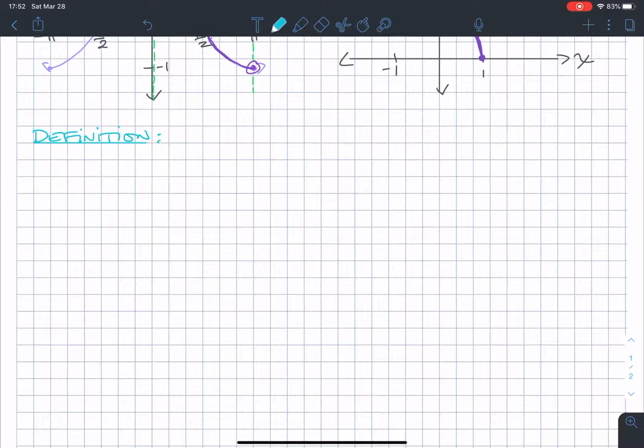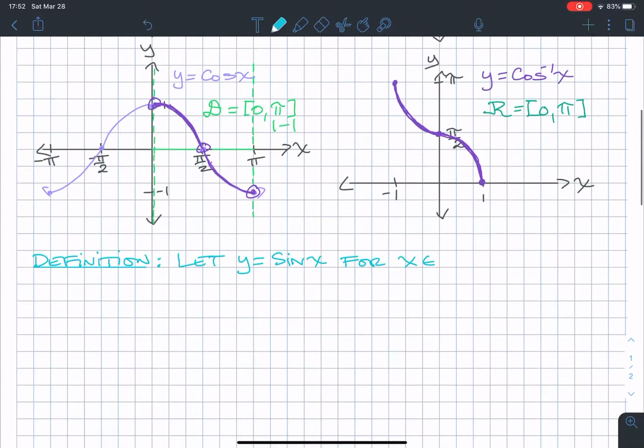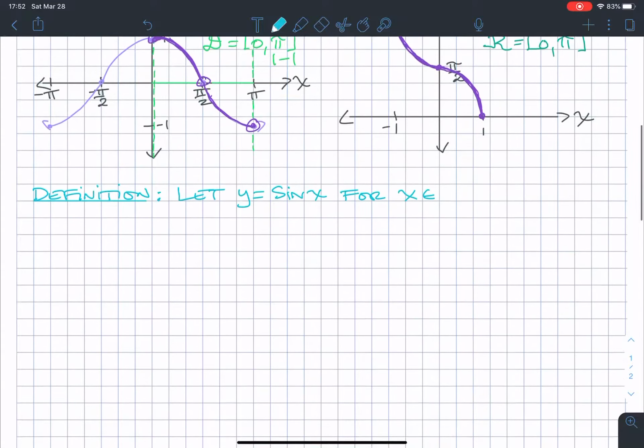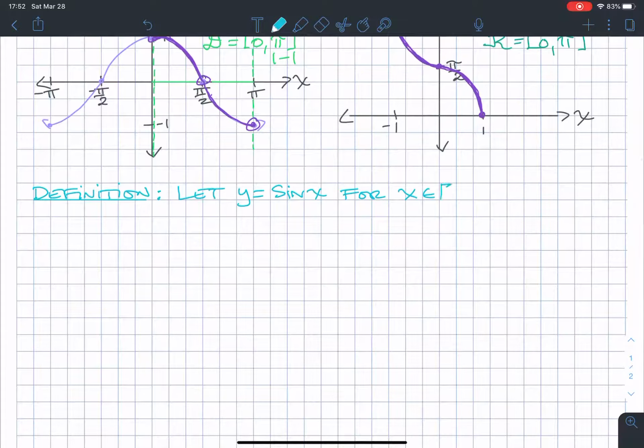Okay, so let's let y be equal to sine of x for x between what interval? Well, the restricted domain was from -pi over 2 to pi over 2, right? For sine. So from -pi over 2 to pi over 2.